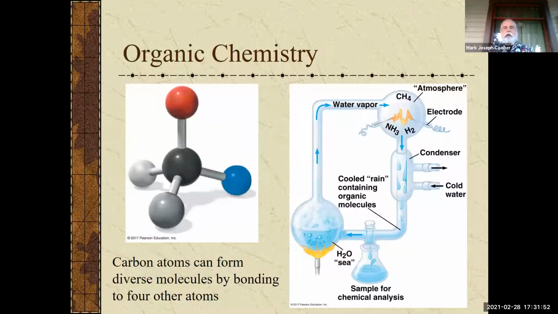Okay, so first of all, we'll talk about organic chemistry. The word organic just means carbon-based. Carbon atoms can form diverse molecules by bonding to four others. Remember, carbon has an atomic number of 6.